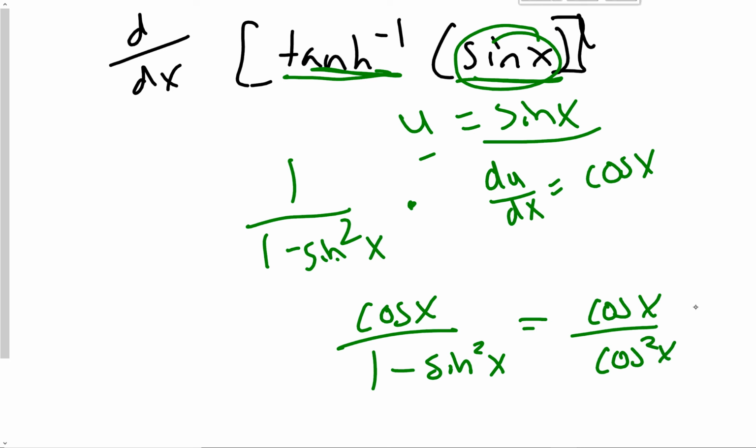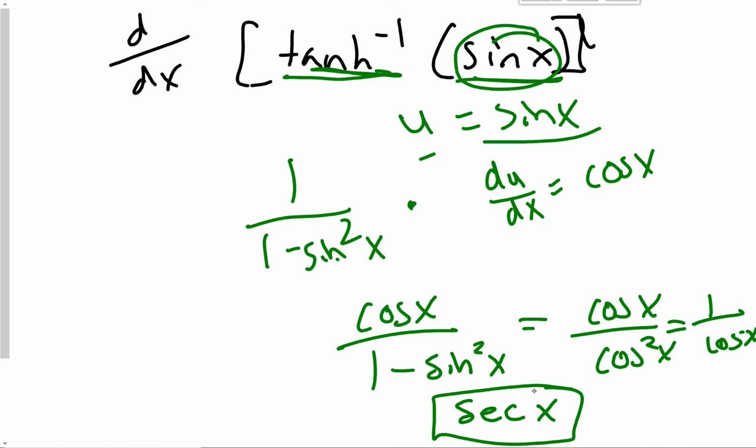So that's just 1 over cosine x. I think this is why I tried to switch to cosine before on that last problem, because on this one I can switch 1 over cosine x to secant x. So the answer to all this is just secant x. All right, so there's an example of using chain rule.